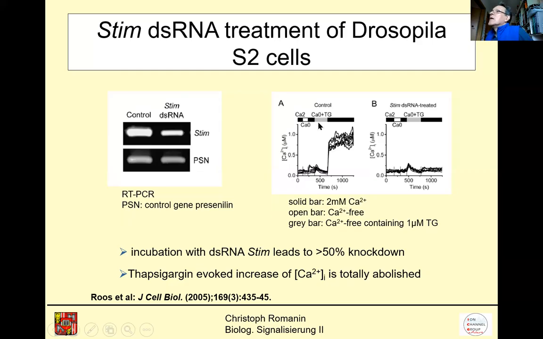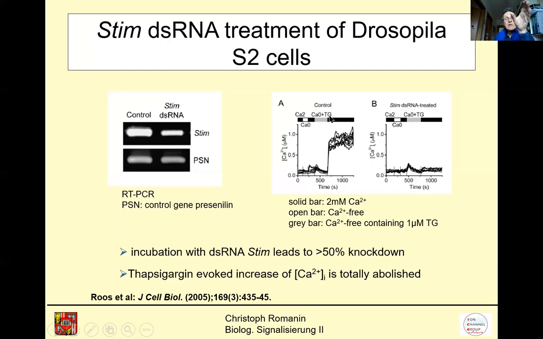But now you go back to 0 calcium, and at the same time you apply TG, an abbreviation which stands for thapsigargin. It works in a similar way as EGTA, but EGTA grabs the calcium and prevents uptake into the ER, so due to the leak it helps to deplete the stores.